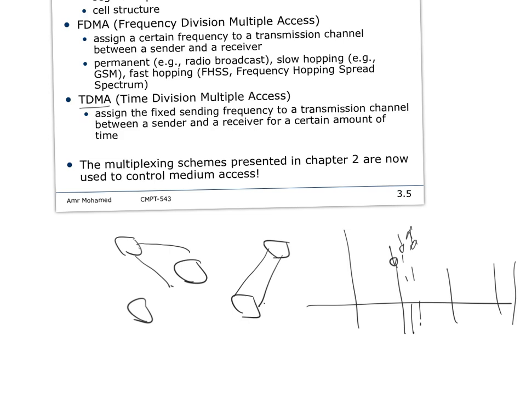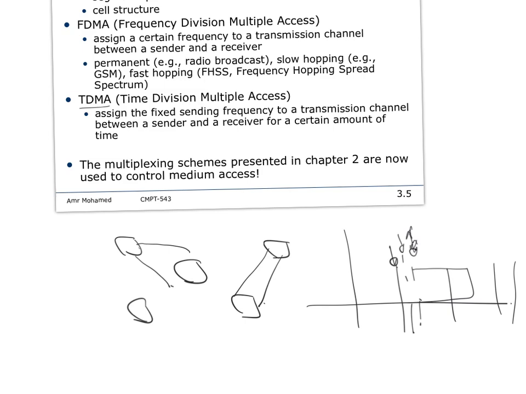Otherwise, if a node starts the time slot at a different time, the transmission might go into the other time slot and a collision will happen. We don't want this to happen, of course, because this is collision free. So a big condition for TDMA is that there has to be some synchronization. Okay.